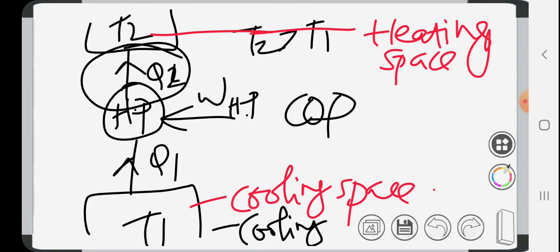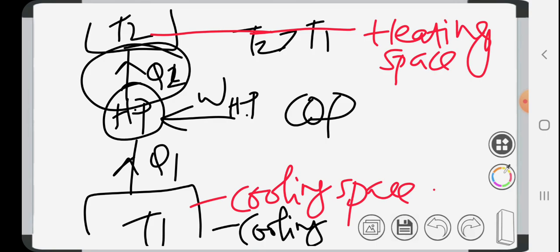In a refrigerator, we are more concentrated on extracting heat from a colder space and rejecting it to another space which is at a higher temperature. But in a heat pump, we are concentrated on supplying heat to a warmer space by extracting heat from a colder space.